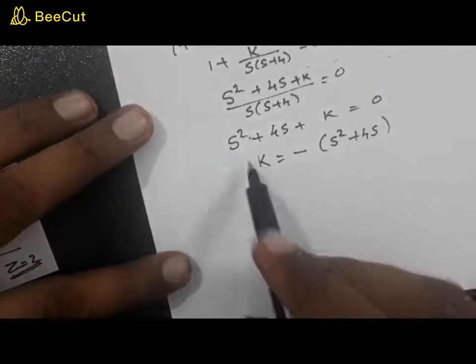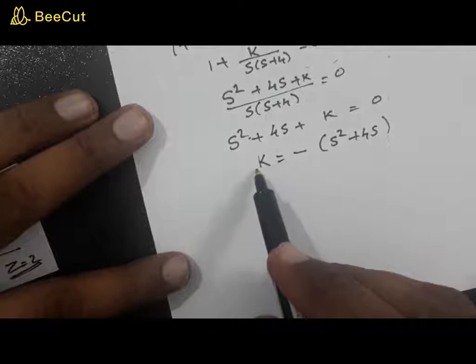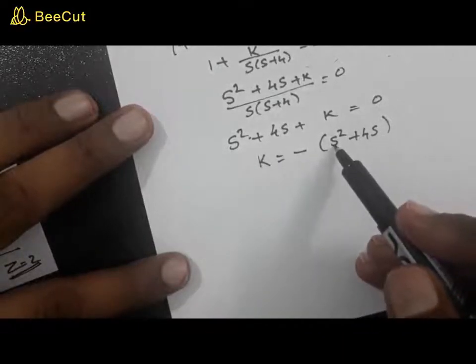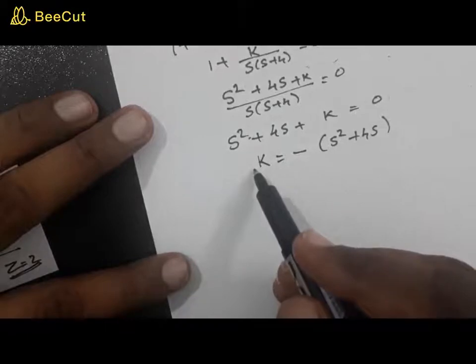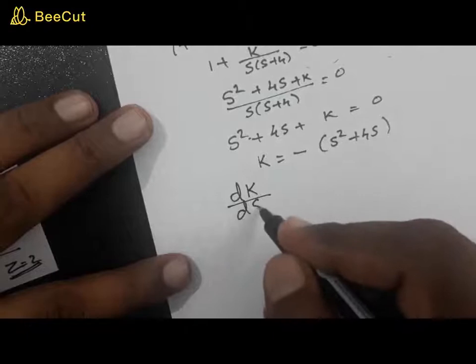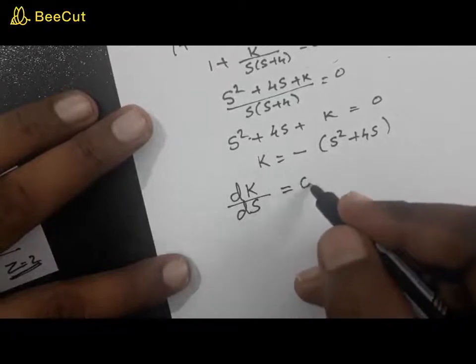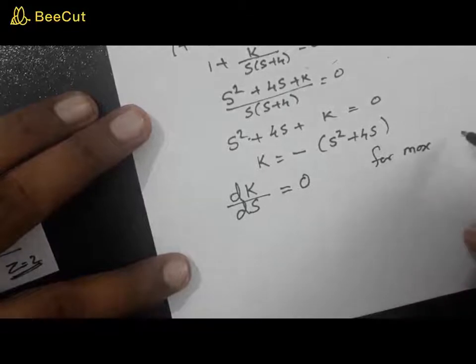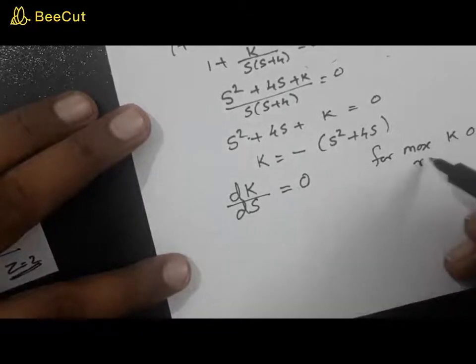How will you find the maximum value of k, or the value of s where k is maximum? That is differentiation. When you differentiate with respect to s and equate to 0, you will get the condition for maximum k on the real axis.